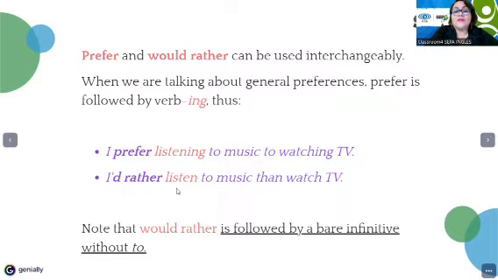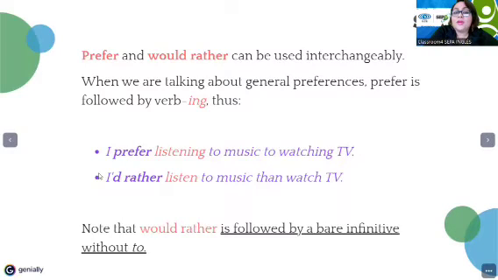I'd rather listen to music than watch TV. In this case, rather is followed by a bare infinitive without to. Pay attention to this. Again, the verb that is next to prefer is in ing, listening.